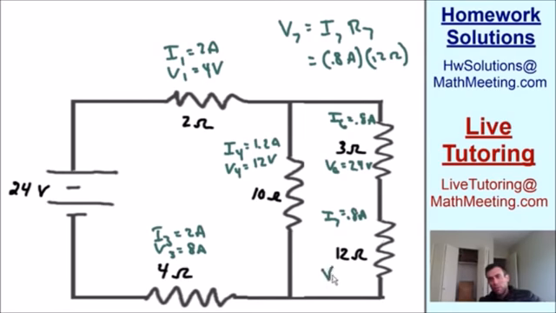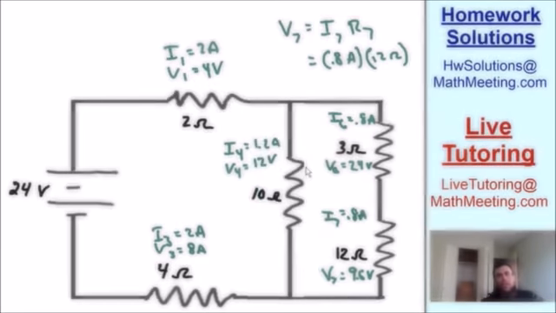So we know the voltage across resistor number 7 is equal to 9.6 volts, which makes sense because 9.6 plus 2.4 is equal to 12. So the voltage across these two resistors is exactly the same as the voltage across this resistor.